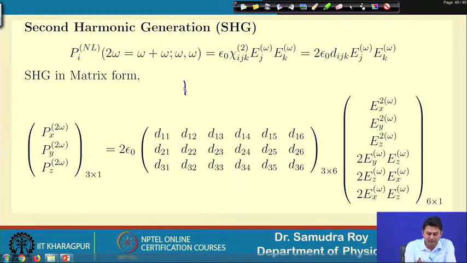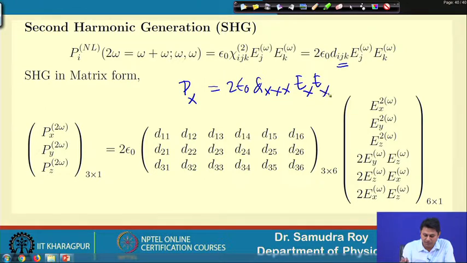If I write Px on the left hand side, on the right hand side it will be 2 epsilon 0 d of x, and now ij are the indices that are going to change. First indices will be xx, so I will write Ex, Ex. That is E square, this is the E square term, and this is the d11 index. xx index means d111, and we know that d111 means d11. If I multiply, the first term is this.